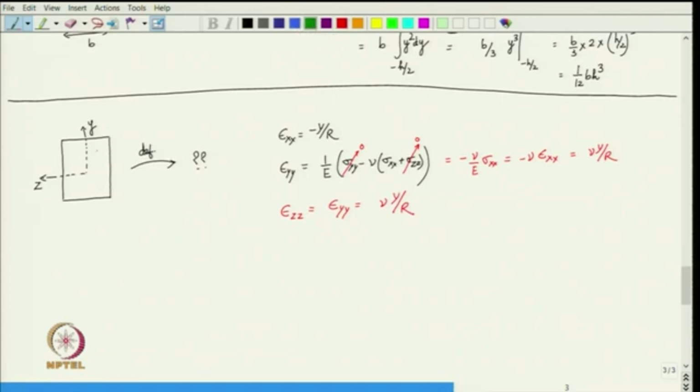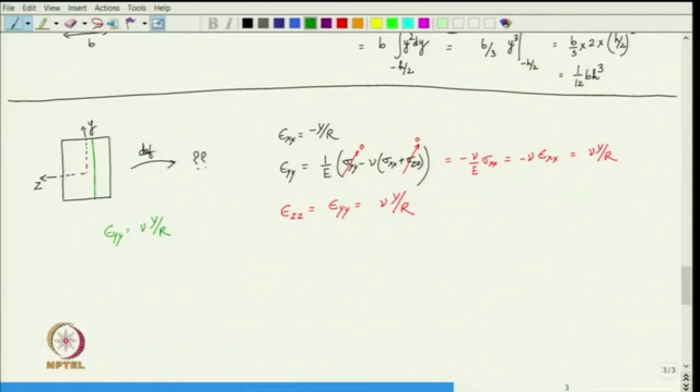So, let us think of this green line for example. How much would be the change in length of this green line? So, we have to find out what is the normal strain along this green line, epsilon y y, and you see that epsilon y y is nu times y over r.